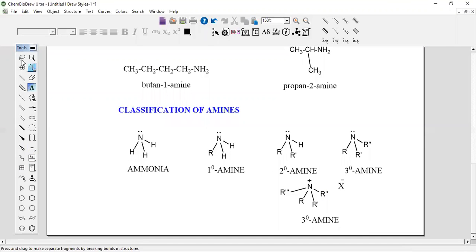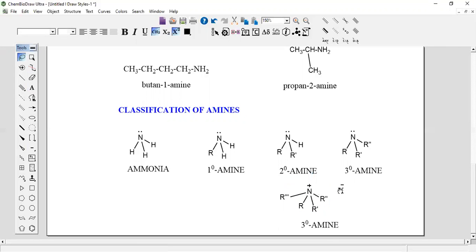Therefore, this type of salt, with X minus near the nitrogen plus, this type of compound we call quaternary salts.